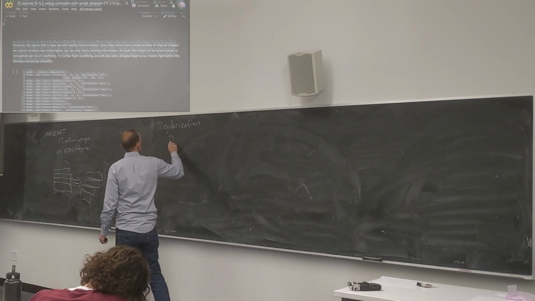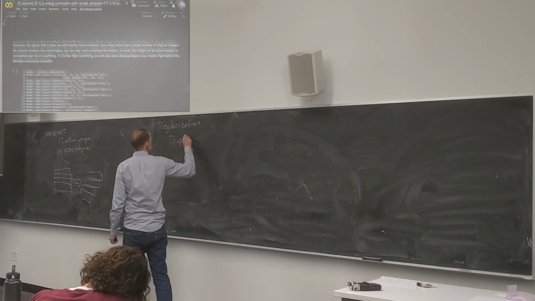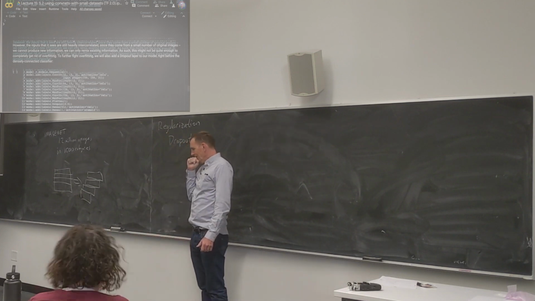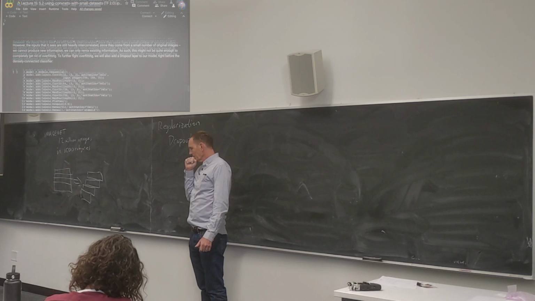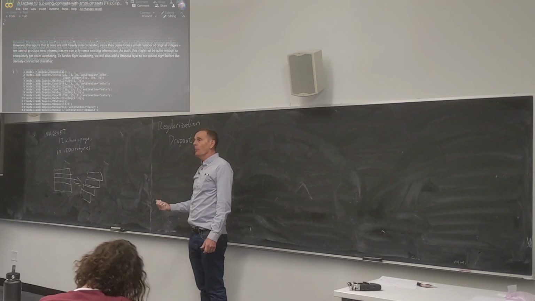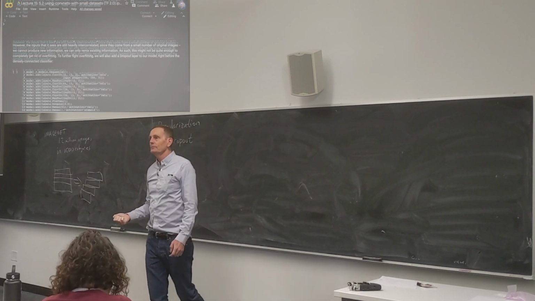So this is a form of regularization called dropout. Here's the idea. Randomness can help in preventing overfitting.